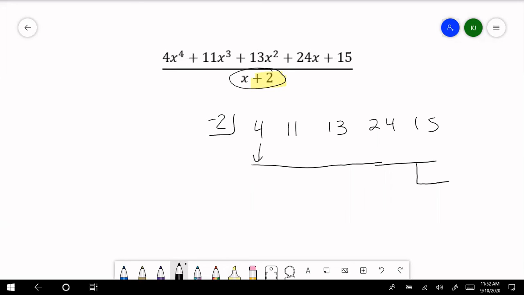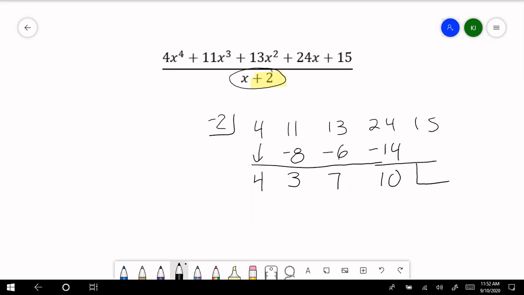Bring it down. Multiply. 4 times -2 is -8. Add. Multiply. Add. Multiply.